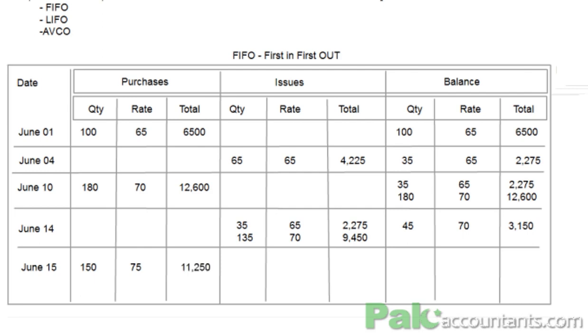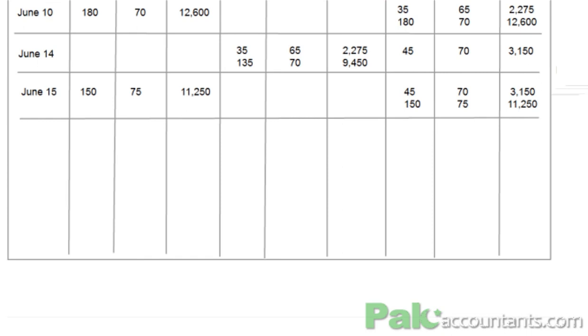And after buying these units, we have 45 units of previous package, which we bought at 70 and value was 3,150. And now we have another one, 150, at 75. The total we have is 11,250. Okay, on June 15 we recorded the purchase.